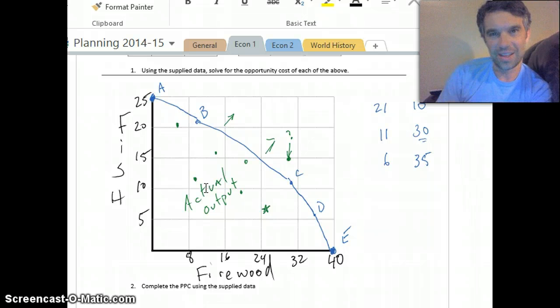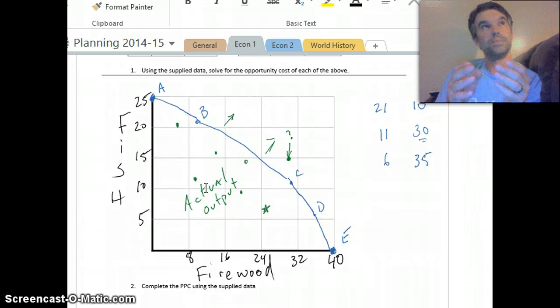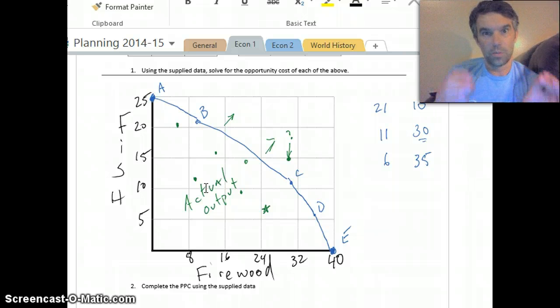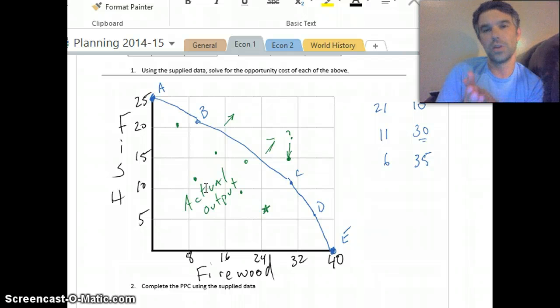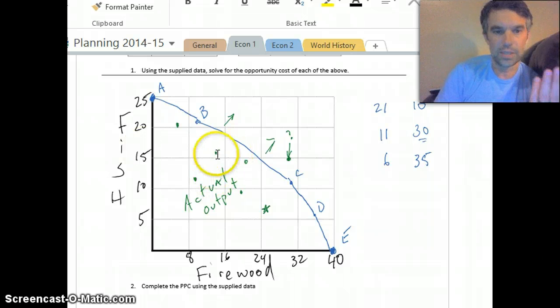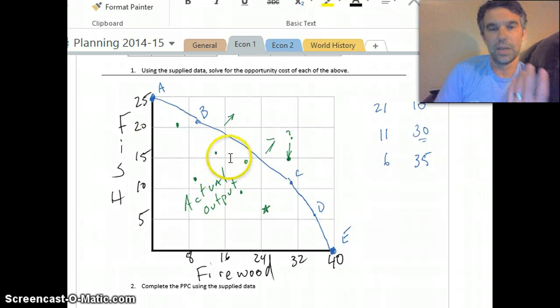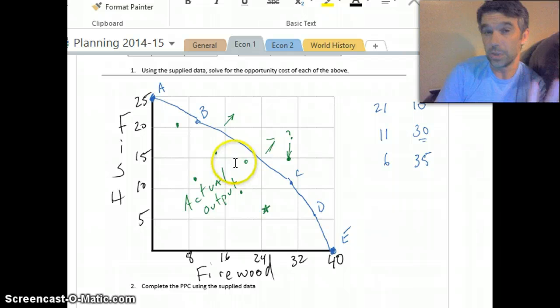Instead, we're trying to make this point that certain resources are more useful for certain things. And if we don't apply those resources in the best way possible, we end up someplace inside of the PPC, producing a little bit less than we possibly could.